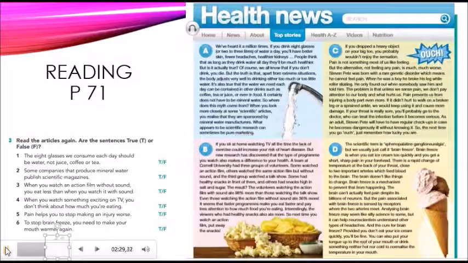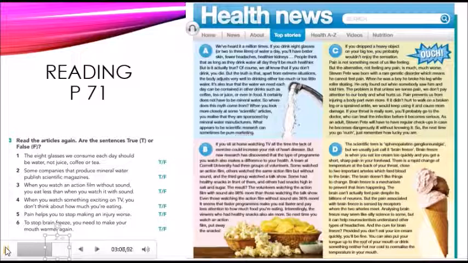C. If you dropped a heavy object on your big toe, you probably wouldn't enjoy the sensation. Pain is not something most of us like feeling. But the alternative, not feeling any pain, is much, much worse. Stephen Pete was born with a rare genetic disorder, which means he cannot feel pain. When he was a boy, he broke his leg while roller skating. He only found out when somebody saw him and told him. The problem is that unless we sense pain, we don't pay attention to our body and what hurts us.